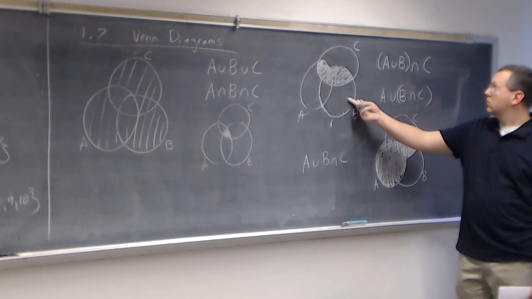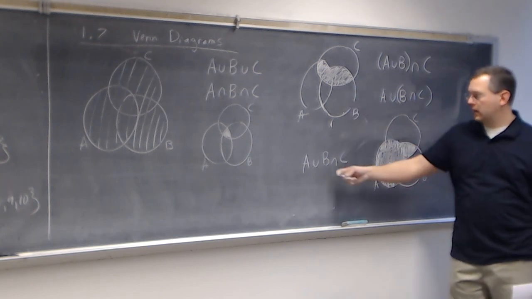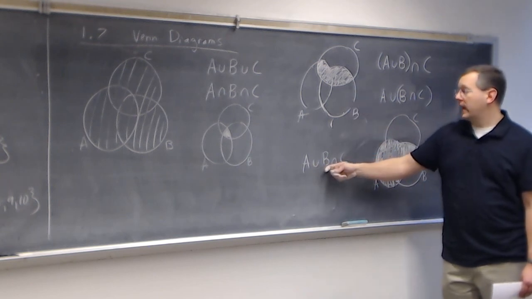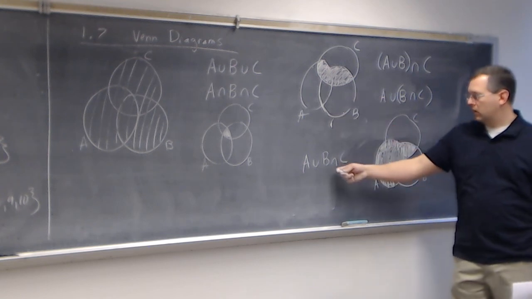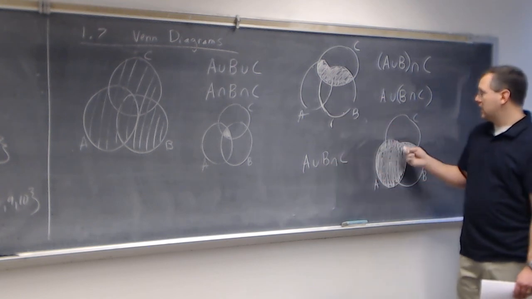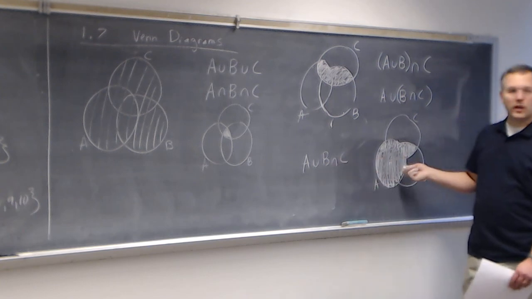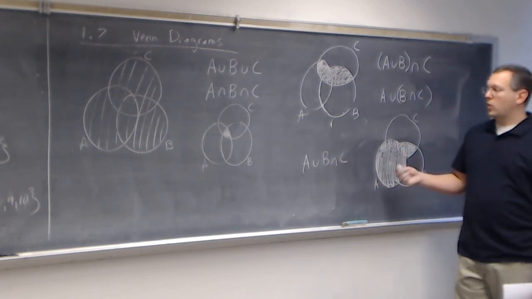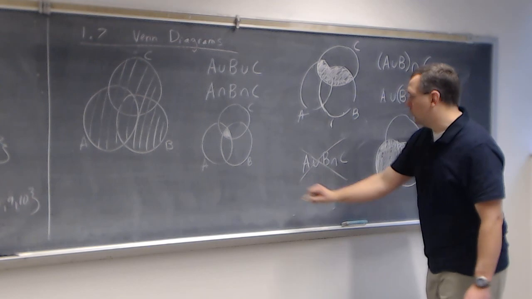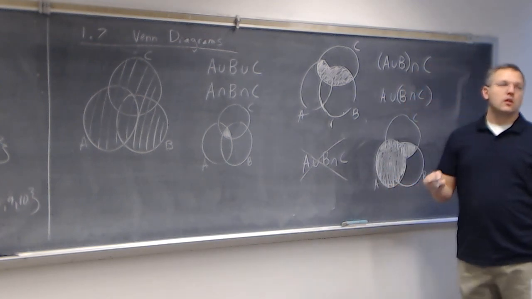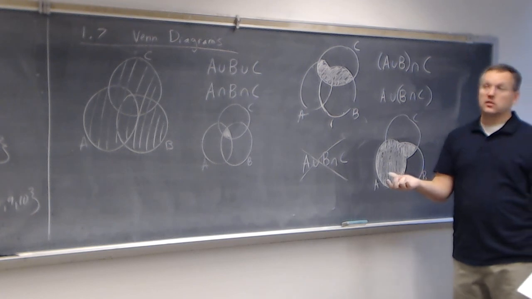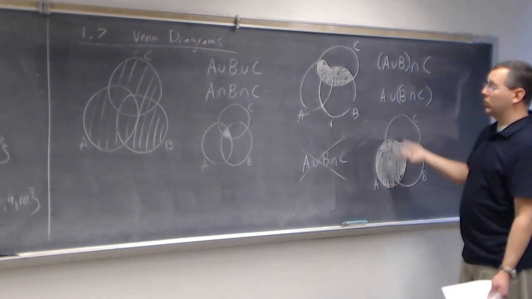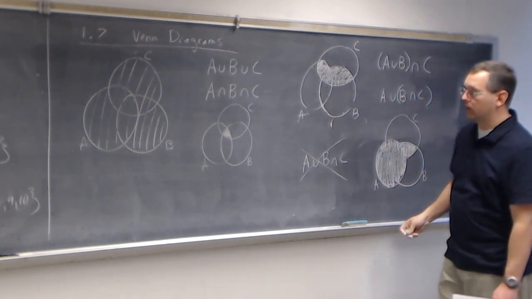Does this mean A union B and then take the intersection of C, like this? Or does this mean I should take B intersects C and then union A, so I'd end up with this? The point is, you can't do this. If you have an expression with unions and intersections, you have to have a set of parentheses to be precise about what set you're talking about.